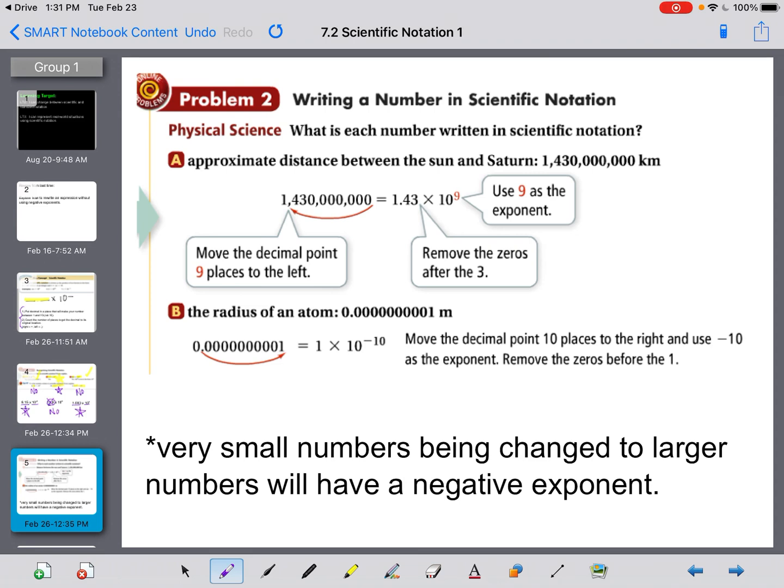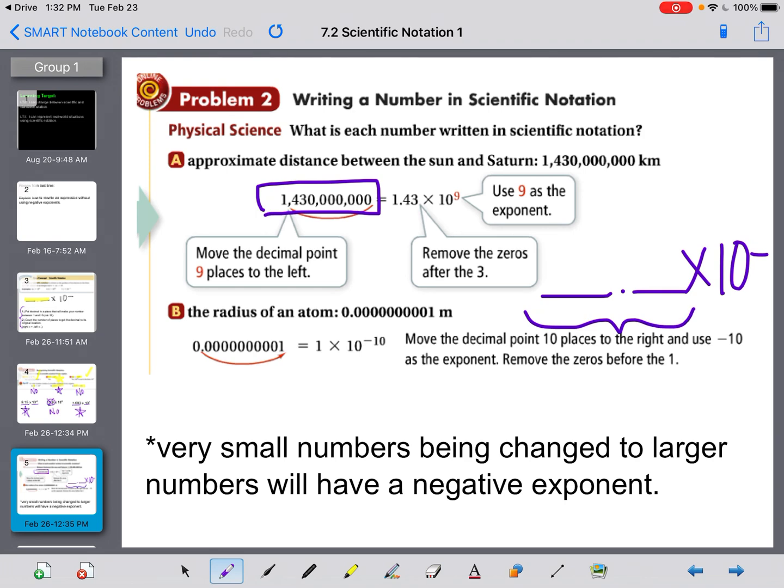Okay, when you are writing a number in scientific notation, we need to make sure that I have those two rules, okay? So here they're giving us this really big number. We need to change it so that I have a number that is written in scientific notation, meaning I have to figure out where I'm going to put my decimal place to make this first number be between 1 and 10.